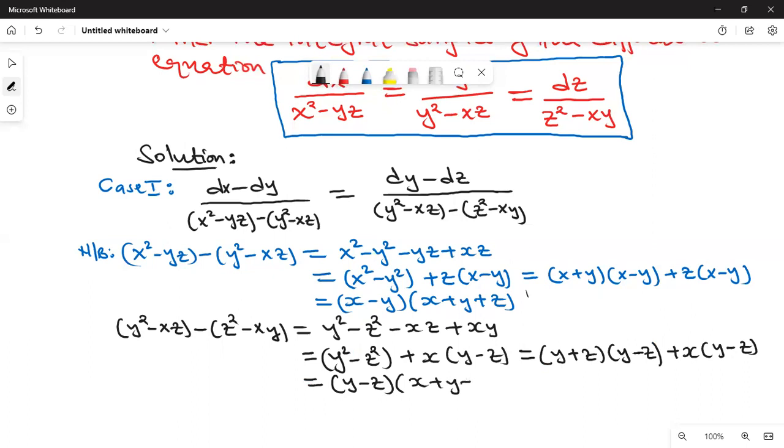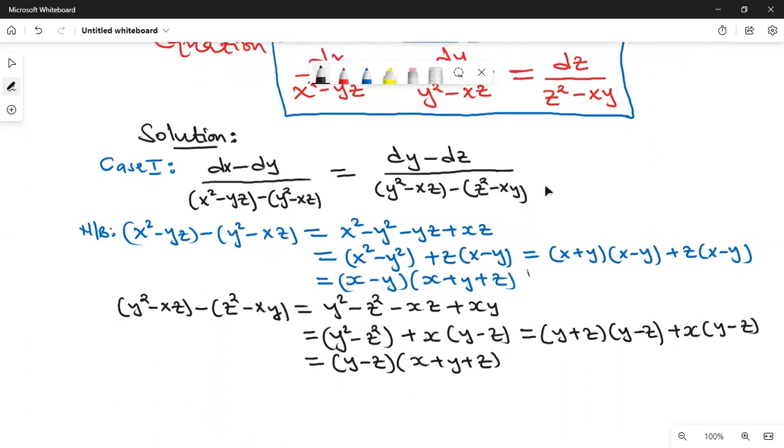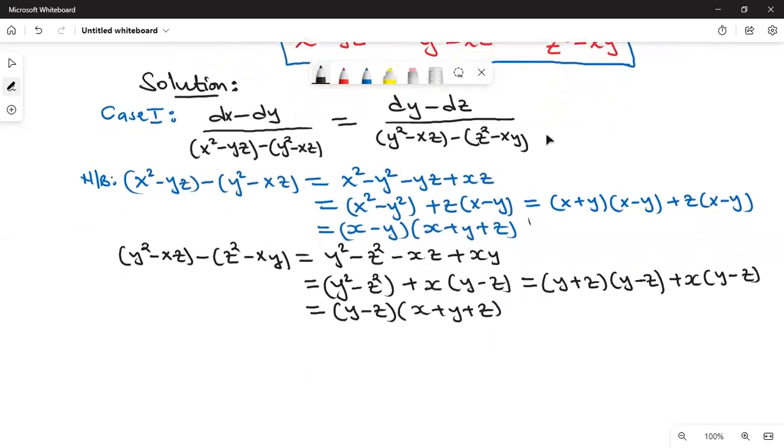So we go back to our equation in case 1. Let us now substitute.